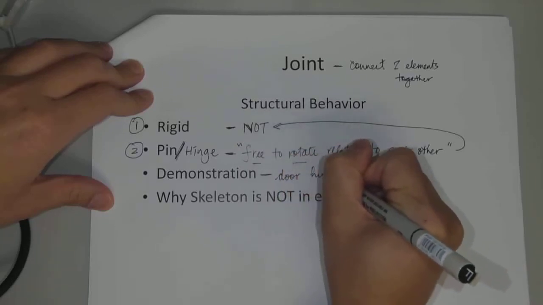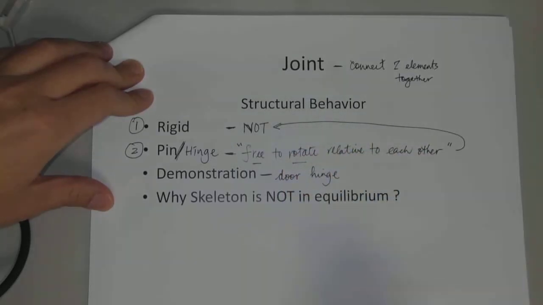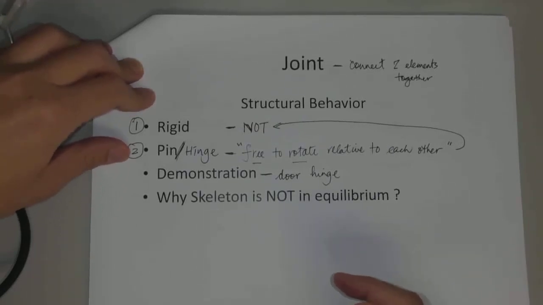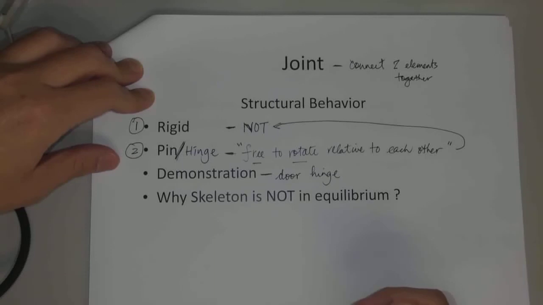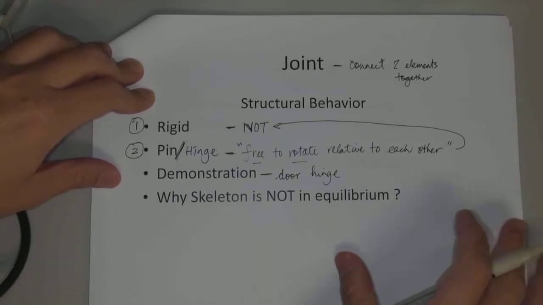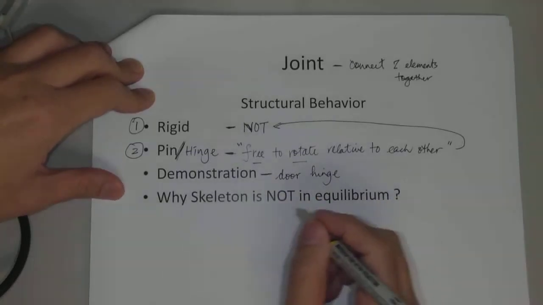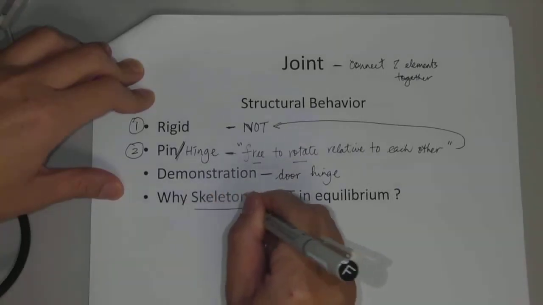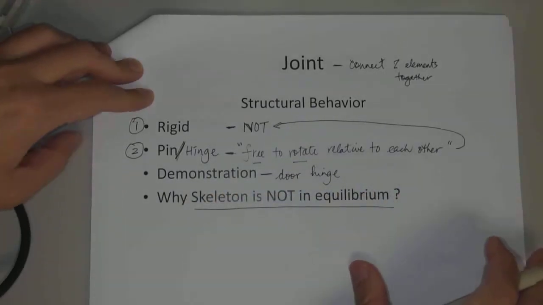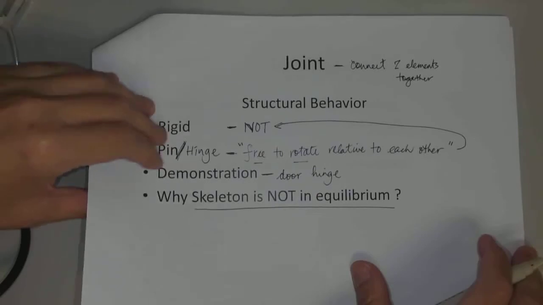That should be something you write down. Door hinge is probably a good example of a hinge or pin connection. Right, so if you understand what that is, then you can go back to look at why we said the skeleton that we discussed last week is not a structure.